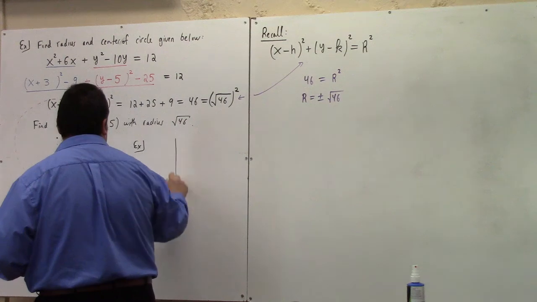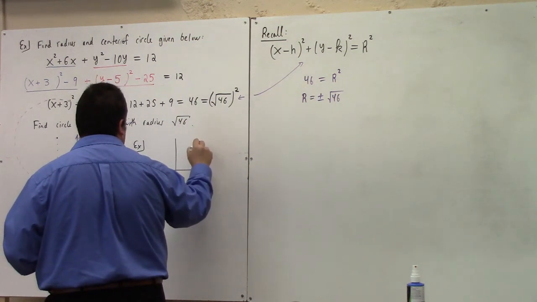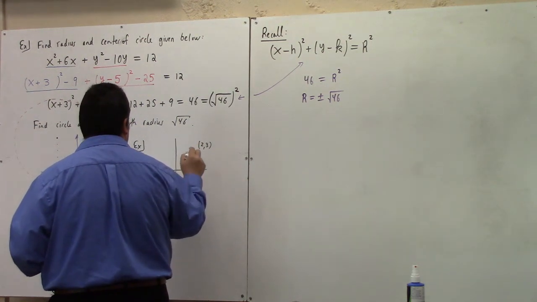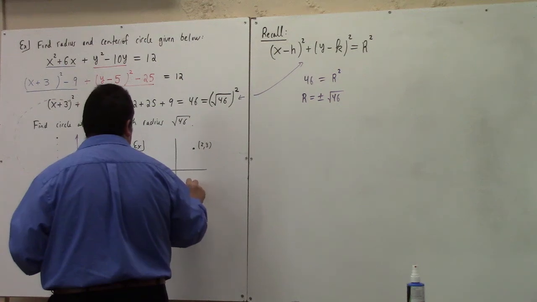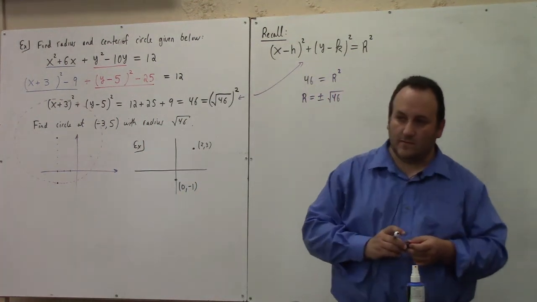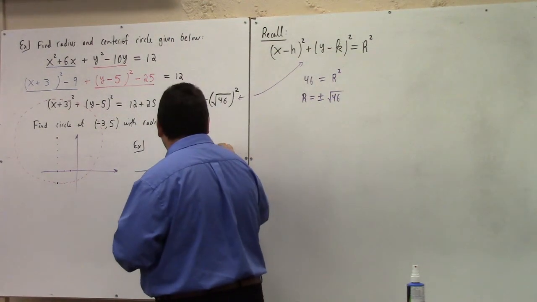Suppose my circle has center, I guess, (2, 3), and suppose that another point on the circle is (0, -1).